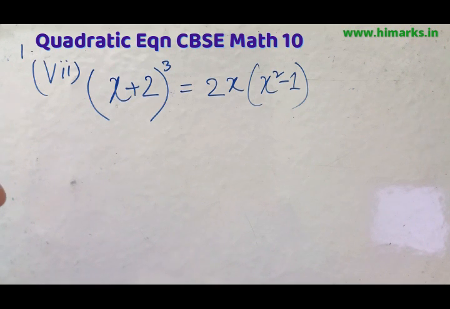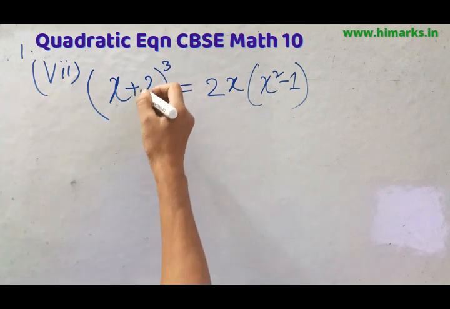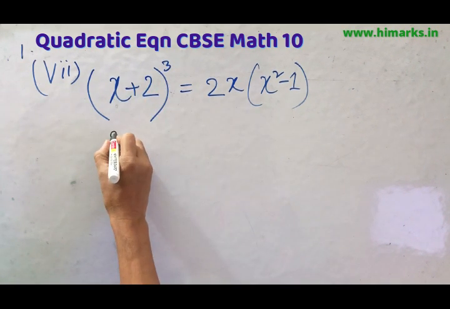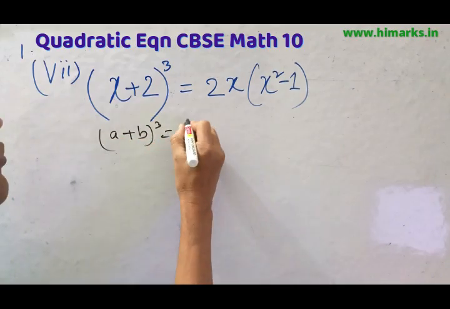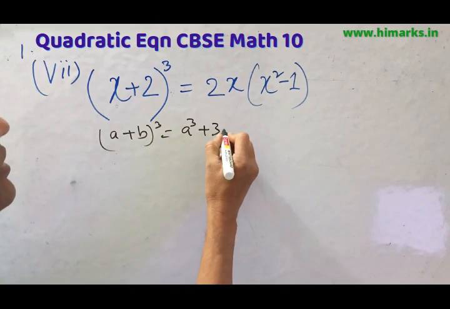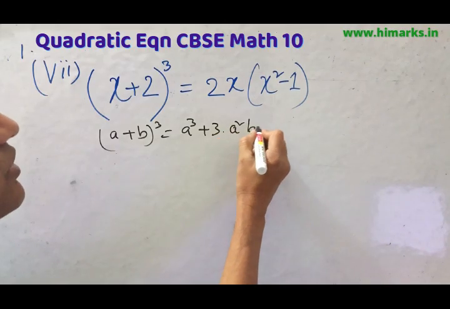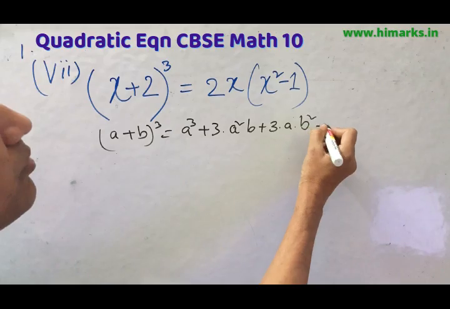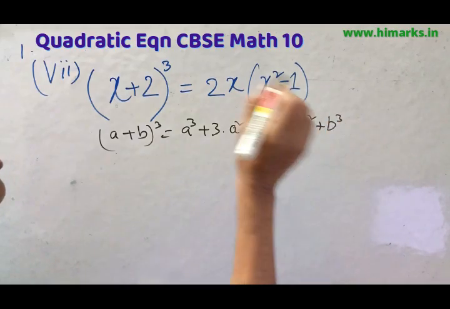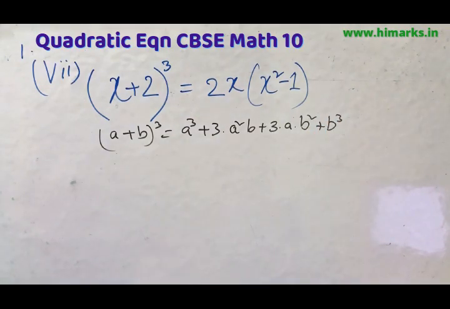Okay, if you have forgotten, please remember it. I'll write directly from here. A plus b cube is a cube plus 3 first term square second term plus 3 first term into second term square plus b cube. This is the a plus b cube formula.